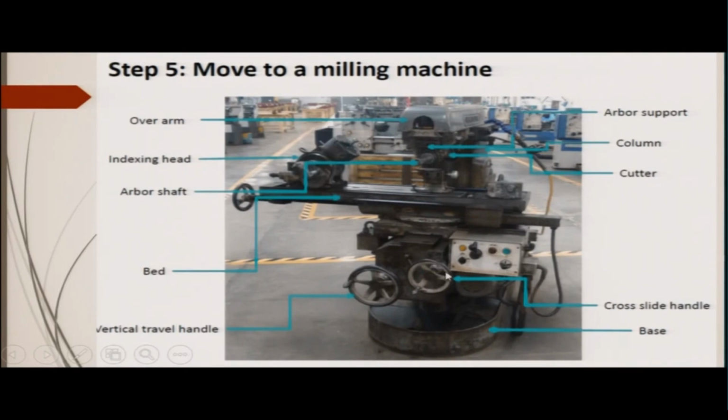That means, if you rotate this, the cross slide will be moving along this side. If you see here, there is a dovetail, and on this slide way the slide will be moving perpendicular in this axial distance, and this is the base on which the entire milling machine is located.